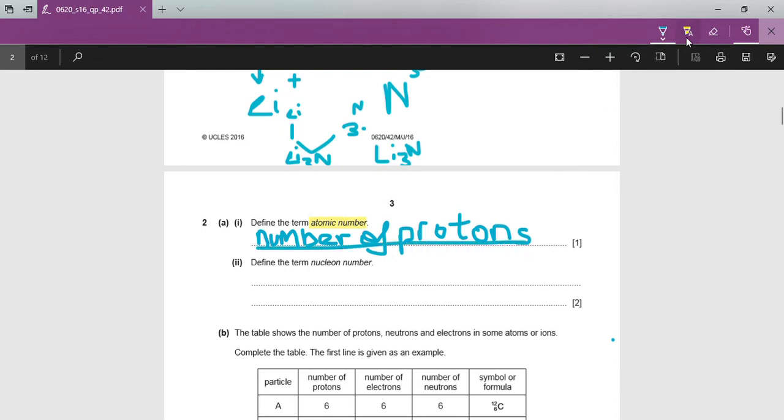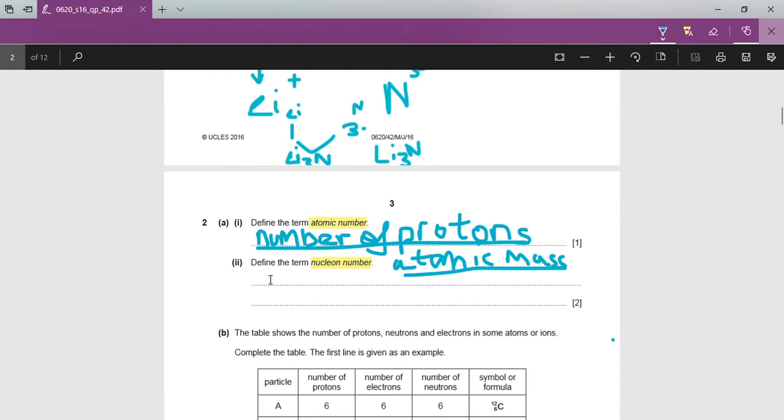Anyways, question 2 says define the term nuclear number. For me, I just think of this as atomic mass, but you should not get confused. It's pretty much similar, but simply saying that it's the atomic mass does not get you any marks, as I've seen in the mark scheme.